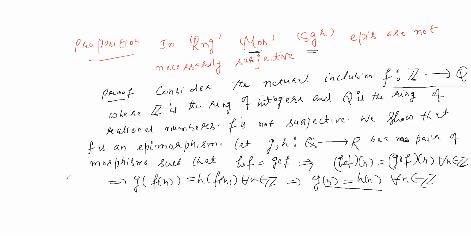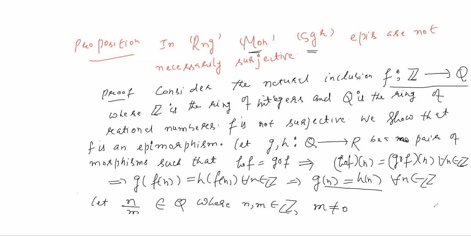Now choose any rational number. Let n by m belong to Q, where n and m are integers and m is non-zero, of course.